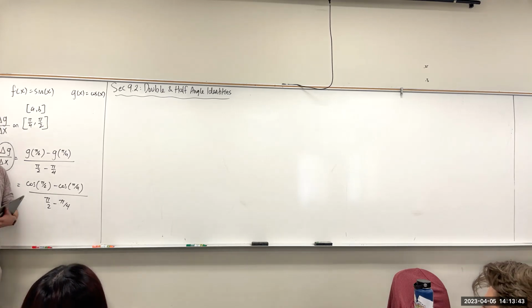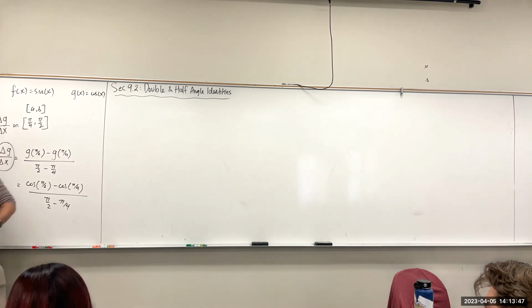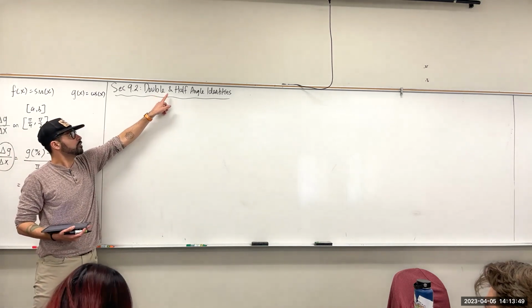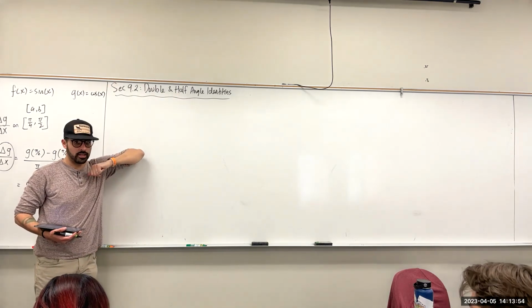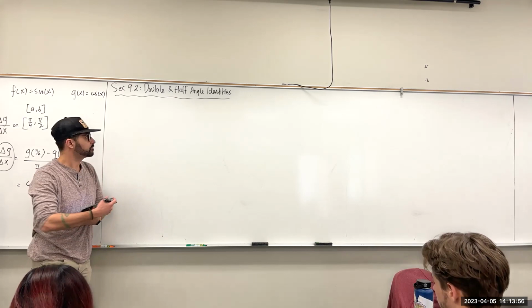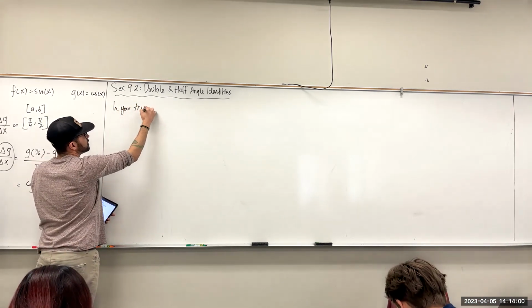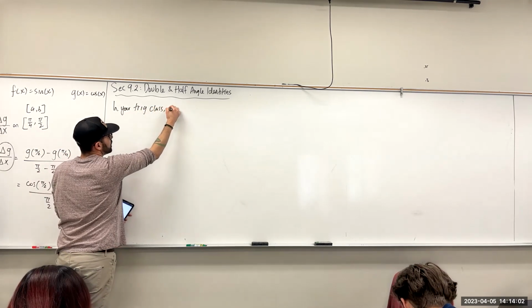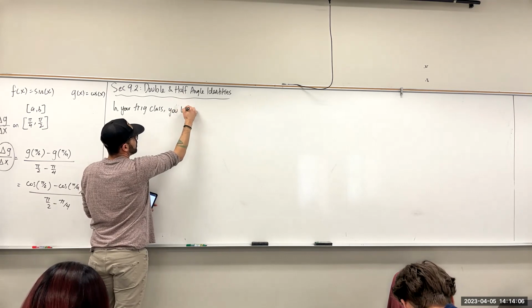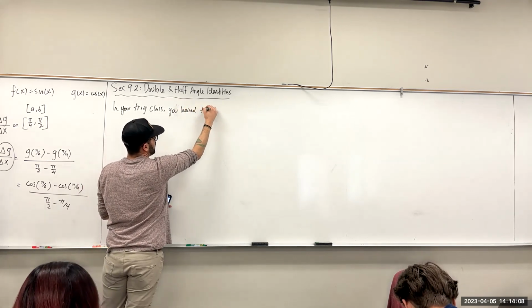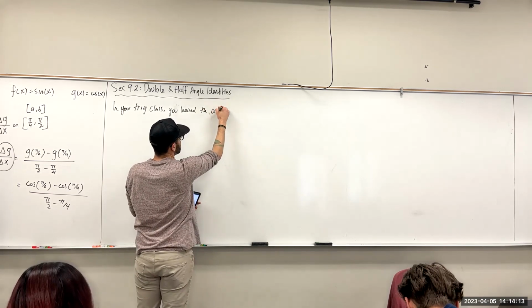Let's quickly review some identities that you started with. These will be derived from another set of identities called the addition identities. In your trig class, you learned the addition formulas.